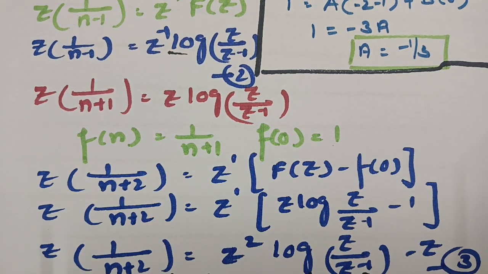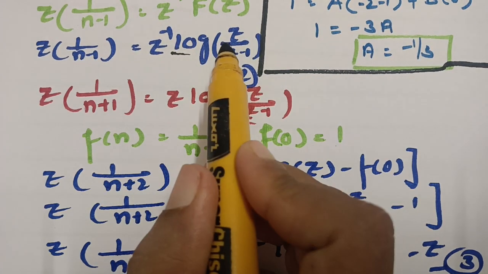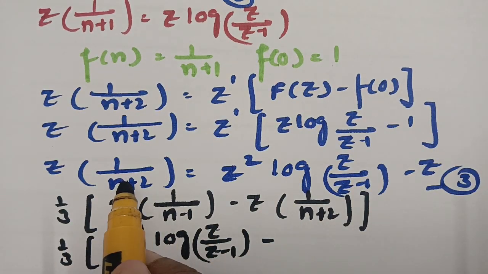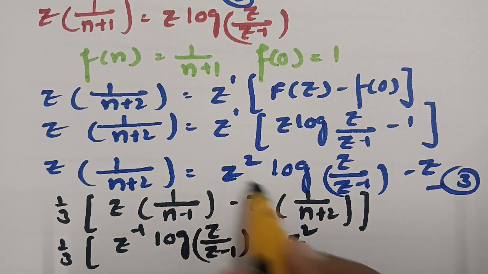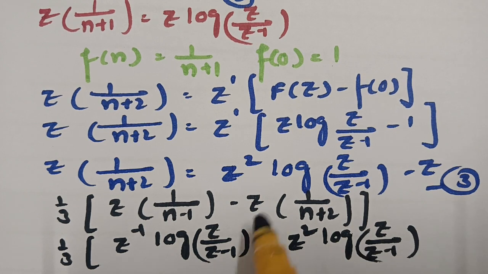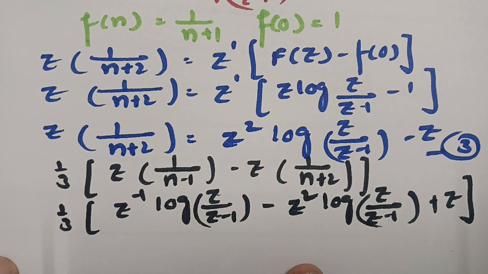1 by n minus 1 is nothing but 1/3 times z inverse into log of z by z minus 1. The second value I have substituted: minus the z transform of 1 by n plus 2 is nothing but, if I multiply with minus, z square log of z by z minus 1, and again if I multiply with minus, this will be z.